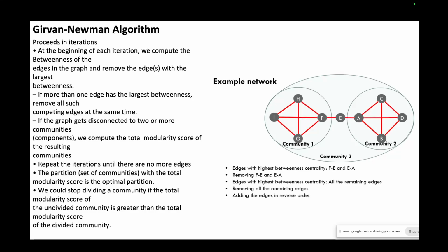So the node with the highest betweenness is serving as a connection between two different sets of nodes, if you can imagine it like that. So the idea is you identify that node of highest betweenness and then you remove it.